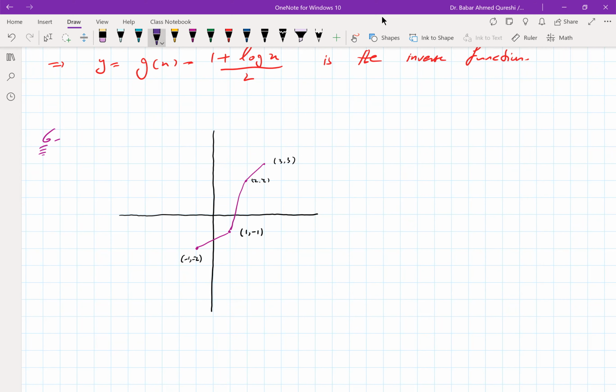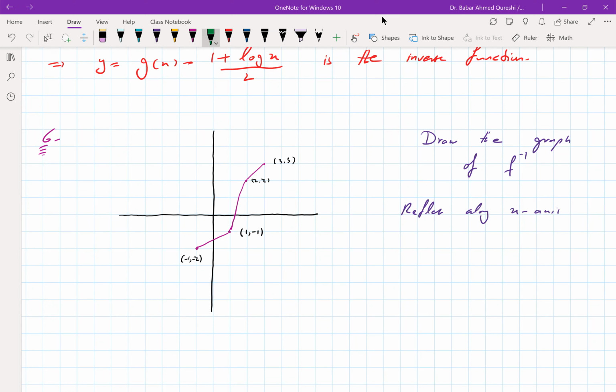Your job is to draw the graph of F inverse. So all you have to do is, first, reflect along the x-axis.